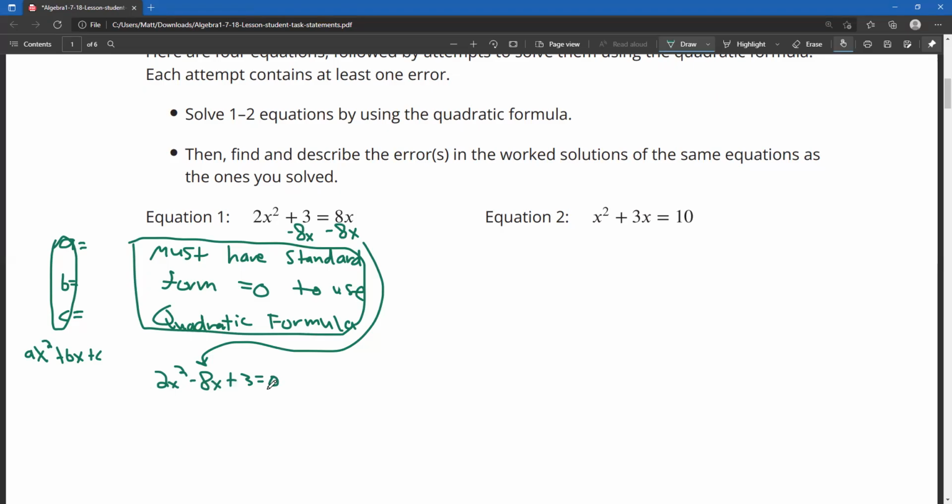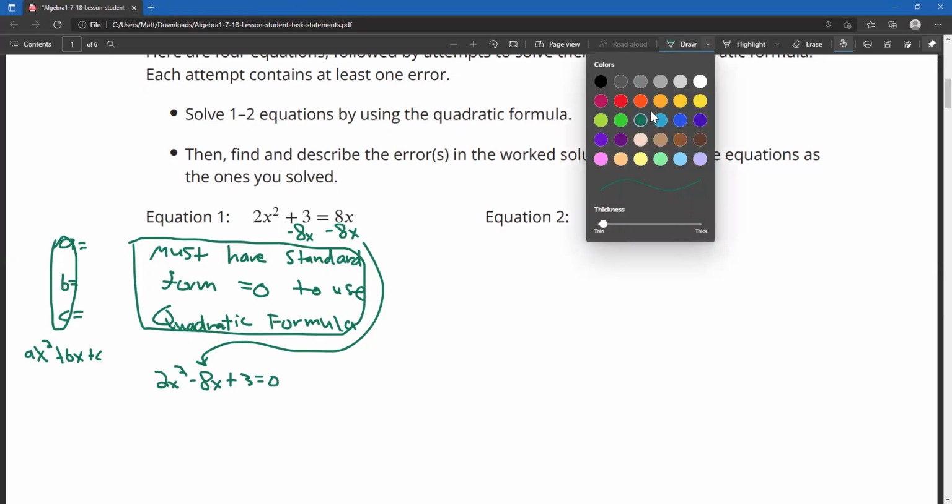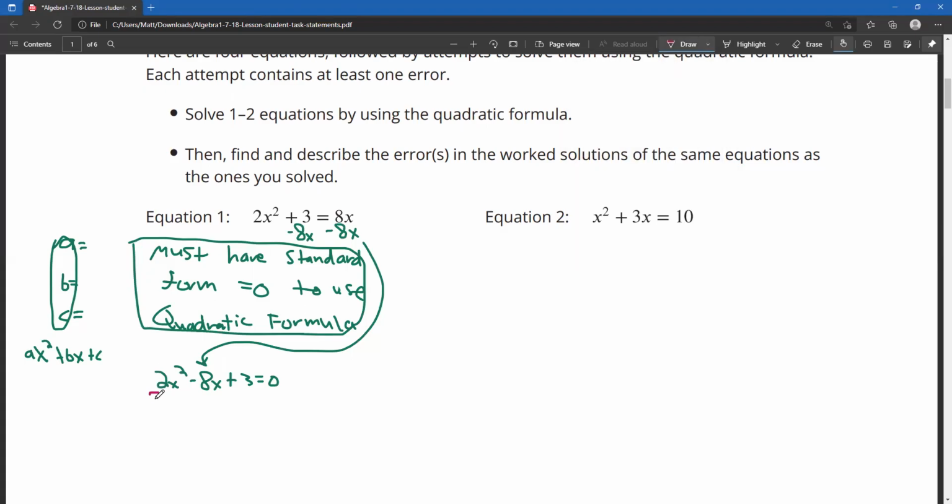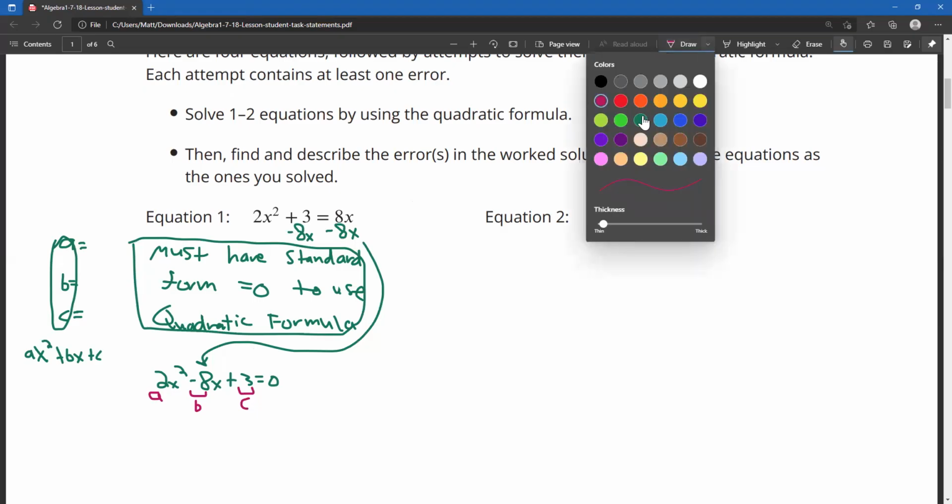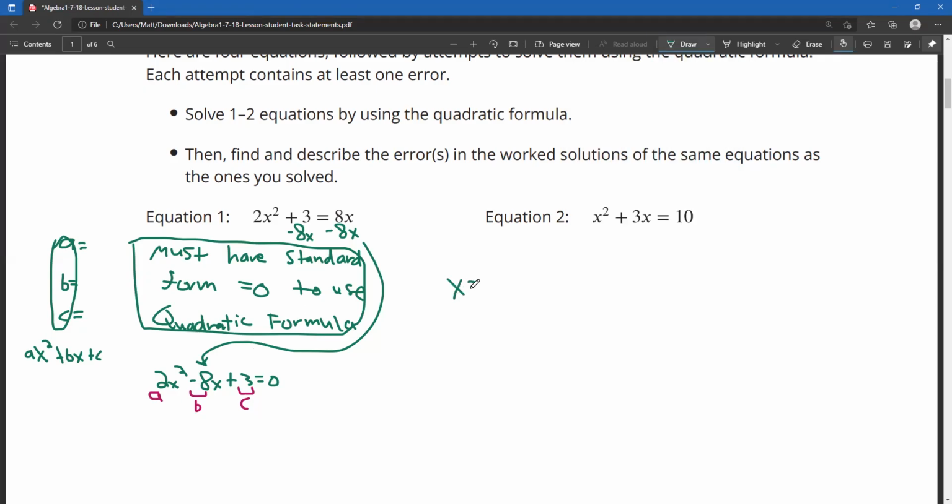Okay, this is standard form equals 0, so we are all ready to use the quadratic formula. Notice that a is 2, b is negative 8, right? Got to include the negative. c is positive 3. So the quadratic formula: x is plus or minus negative b.